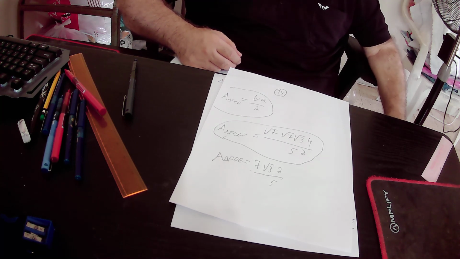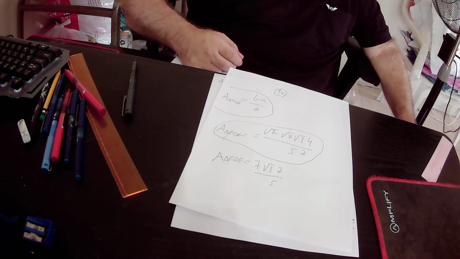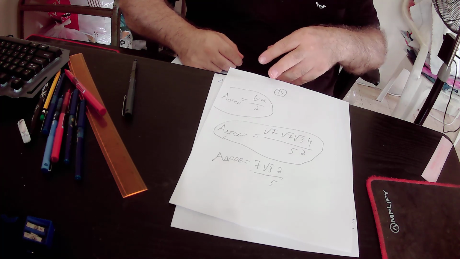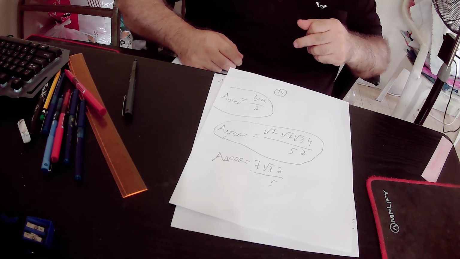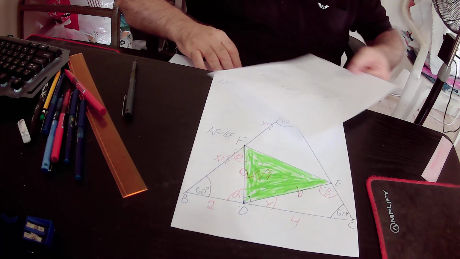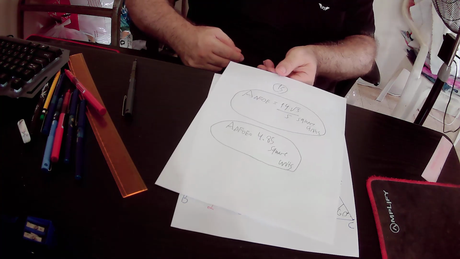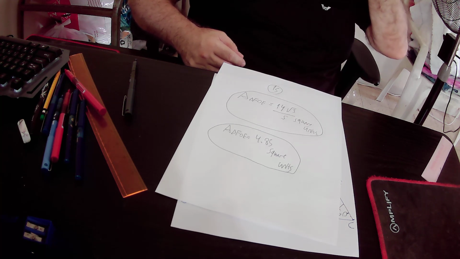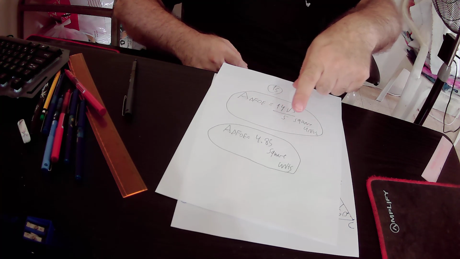And we've already found out the values of A and B. So we substituted A by root 7 units and B by the value that we found, and we found out that the area of the green triangle FDE equals 14 times root 3 over 5 units, or in terms of numbers, 4.85 square units.